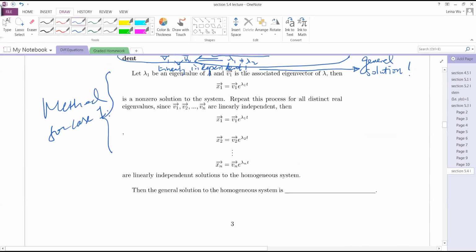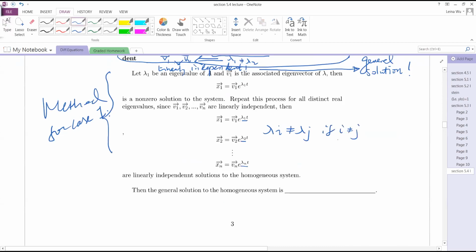Does that make sense to you? Basically, they're taking this matrix A and getting eigenvalues, and we assume these eigenvalues are different, so lambda i is different from lambda j if i is different from j.